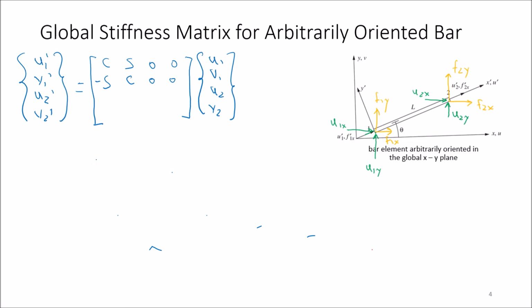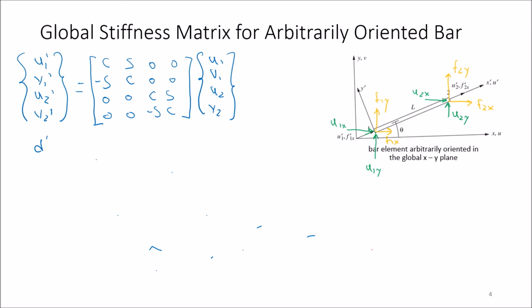On the third row, now u2 prime is function of u2 and v2. So we have here cosine, sine, and v2 prime is function of u2, v2. So we're going to have here a minus sine and a cosine, and we're going to add the zeros. So this here becomes the transformation matrix that is 4 by 4.